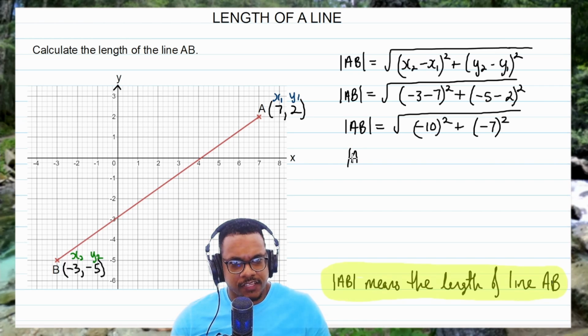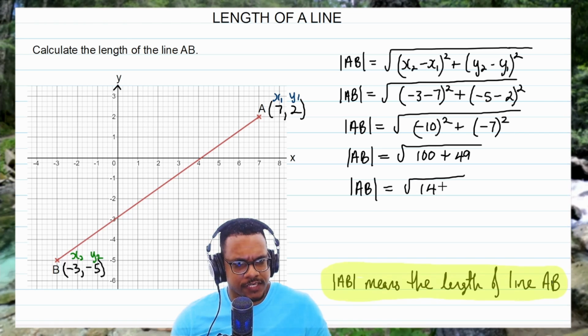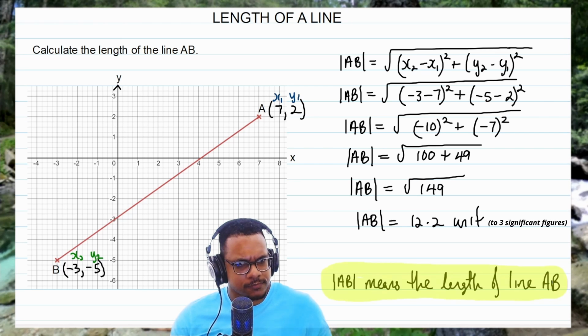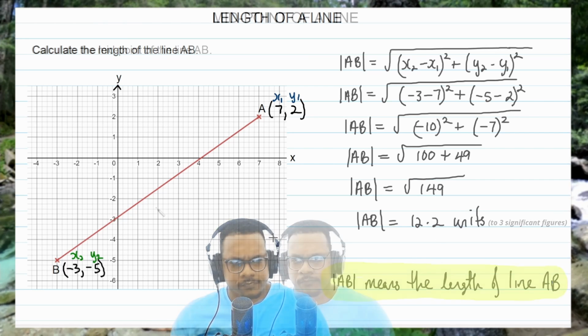So the length of AB is equal to the square root of 100 plus 49, which is the square root of 149. So the length of the line AB is approximately 12.2 units.